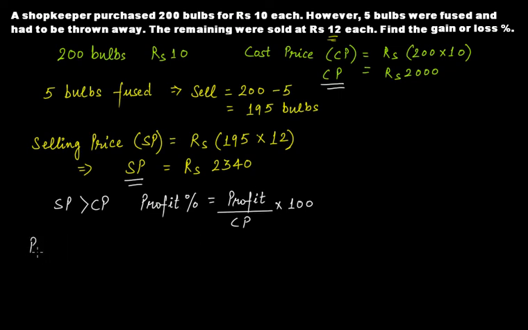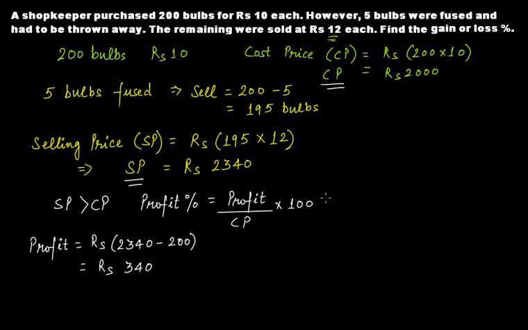So what is the profit? Profit is rupees 2340 minus rupees 2000. So you get rupees 340. This is your profit.